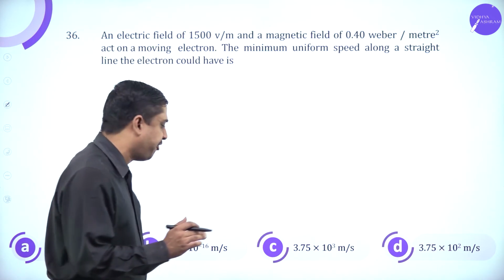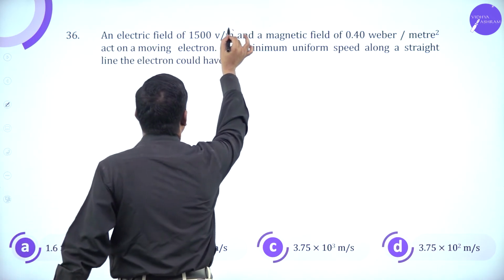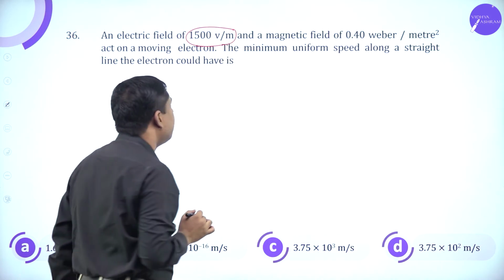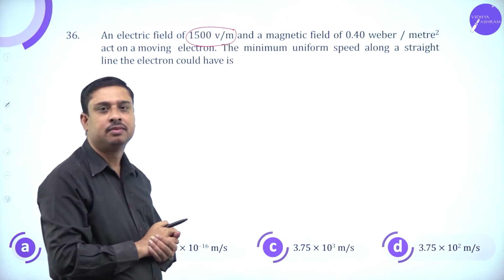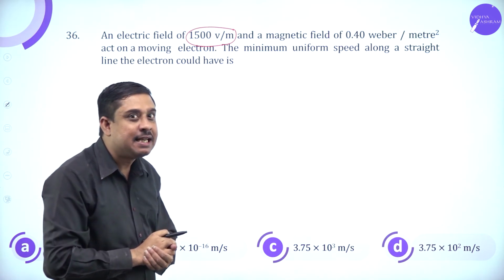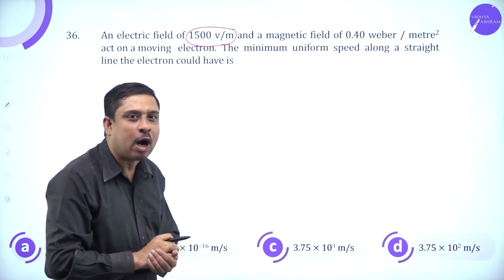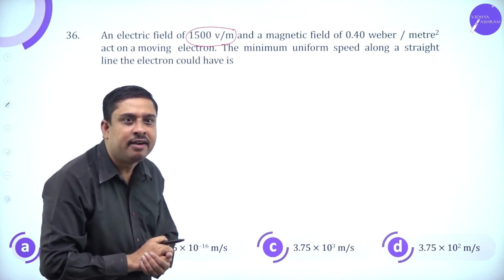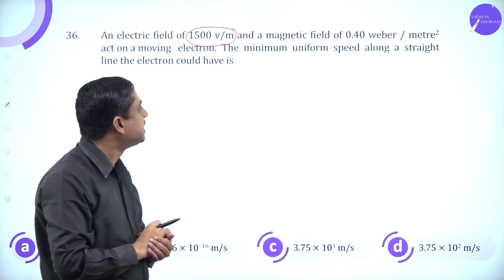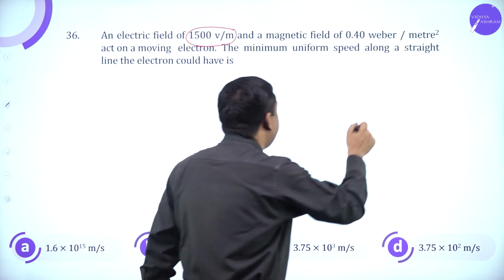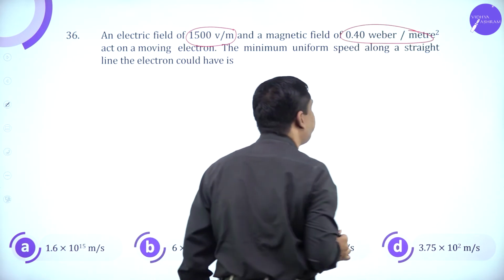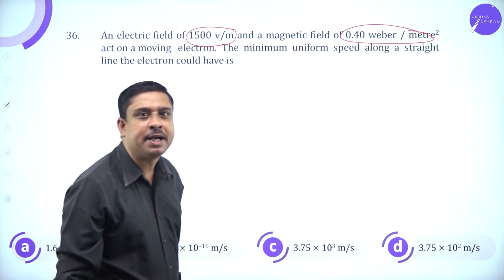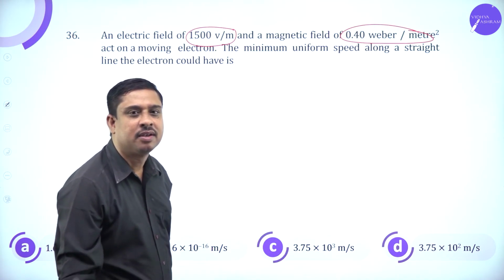An electric field of 1500 volt per meter. What electric field strength is given? 1500 volt per meter. And magnetic field 0.4 Weber per meter square.